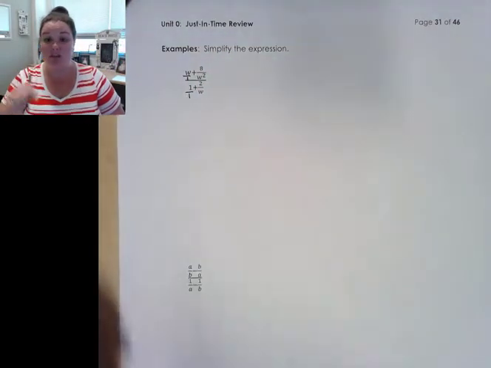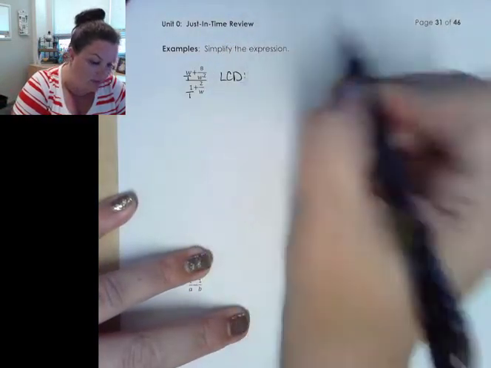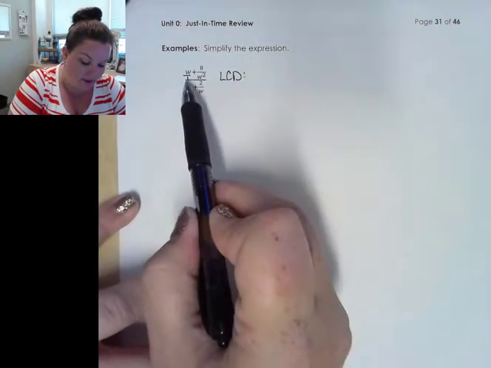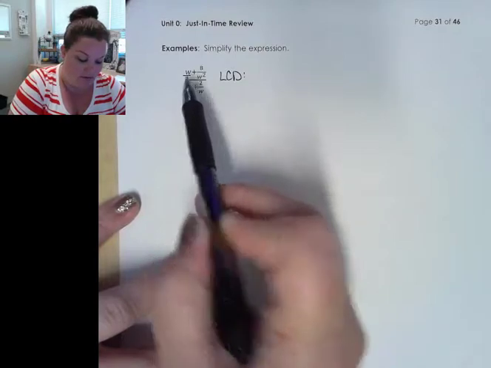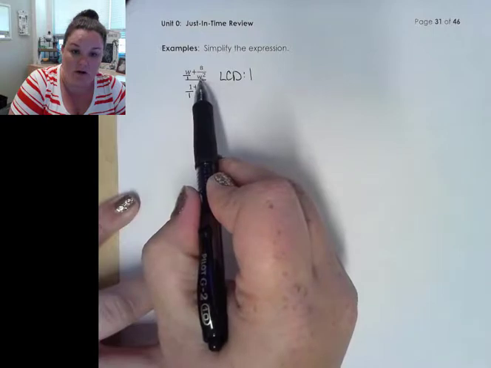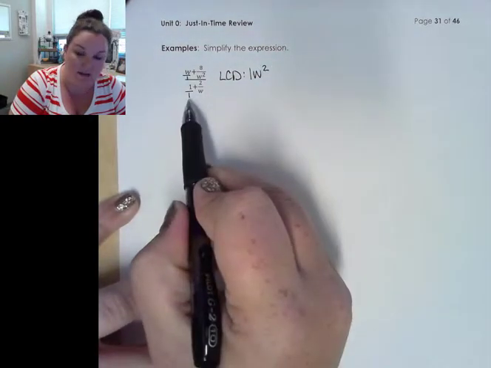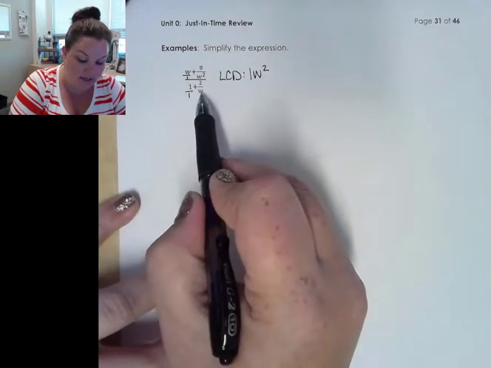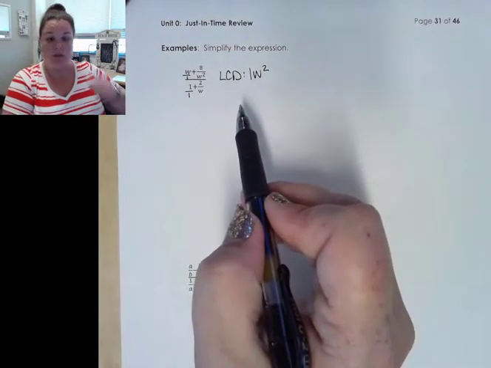So looking at all of the denominators, I need to figure out what would be my least common denominator for this whole mess, right? Well, for this denominator, I need a 1, right? I'm just going to put a 1 here, and I need a w squared. On bottom, I need a 1. I already have the 1, and I need a w. Well, w will cancel out with w squared, so I don't need to add on another w, right?